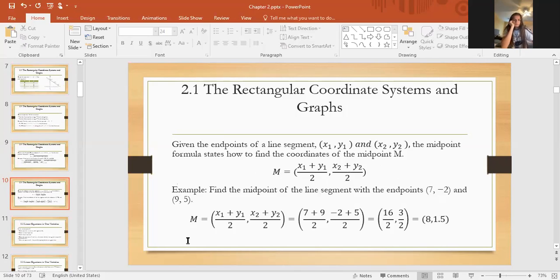We will do 7 plus 9 over 2, and -2 plus 5 over 2. That gives us 16 over 2 and 3 over 2, and that's the middle of the points (7, -2) and (9, 5). So we speak about the midpoint of 2 given points.